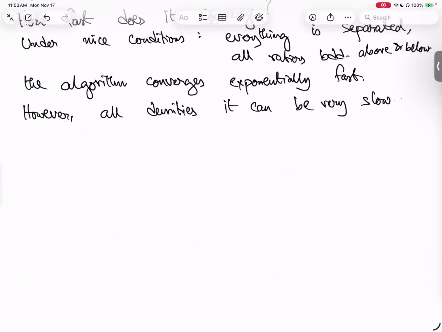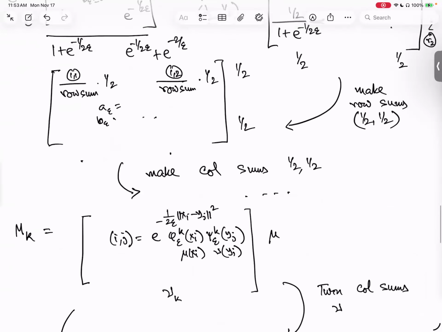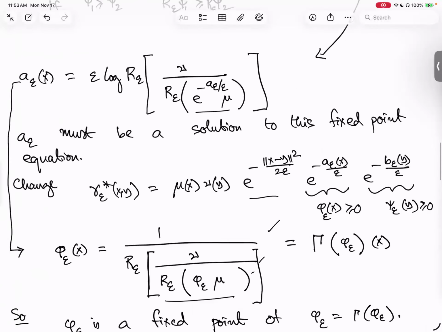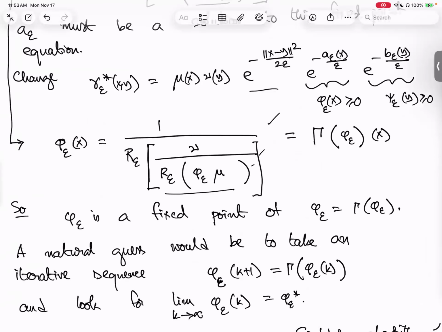So this is the iteration that I'm trying to solve here. Moving on, let me give an idea of Fortet's proof to show that this iteration converges, and how to show that there exist A epsilon and B epsilon such that the Schrödinger bridge actually exists.